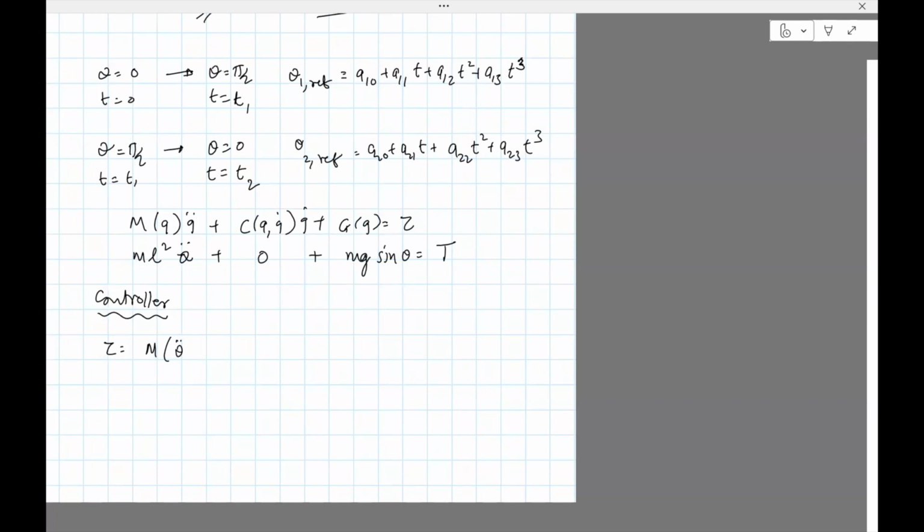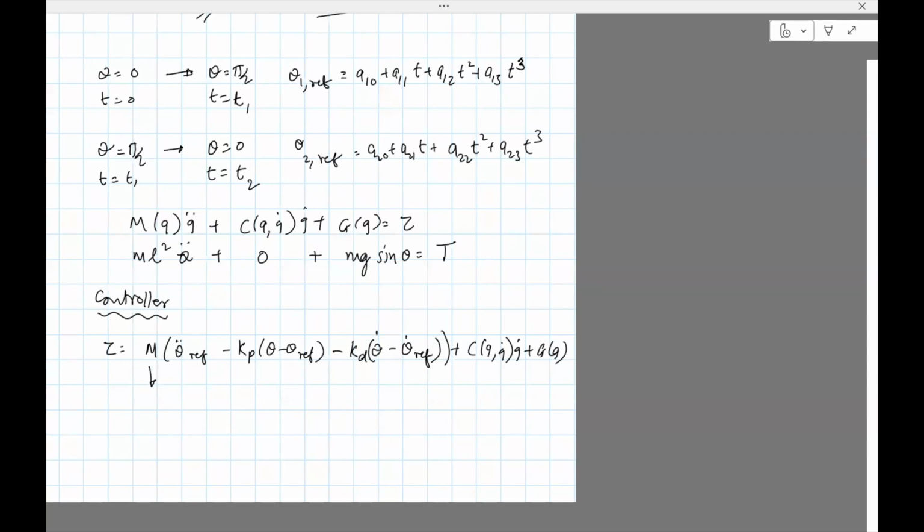Then let me put theta double dot ref minus kp (theta minus theta ref) minus kd (theta dot minus theta dot ref), plus C q dot plus G q.